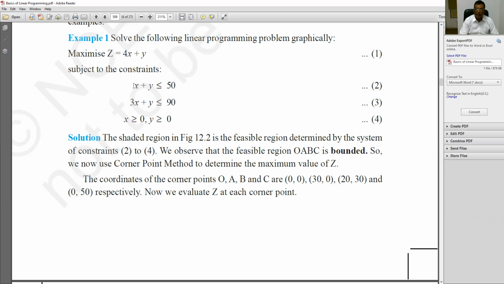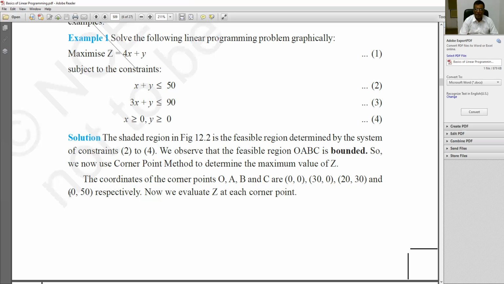Then if you put here by inspection method x is equal to 0, then we will be finding y is equal to 50. If x is equal to 0, then y will be 50. So the value of x is 0 and the value of y is 50.